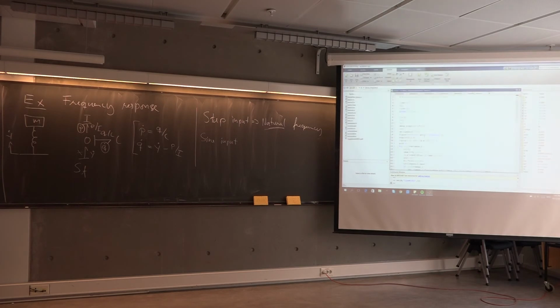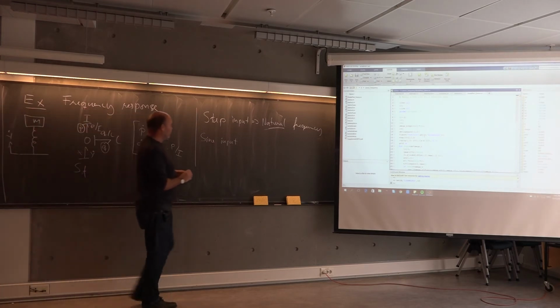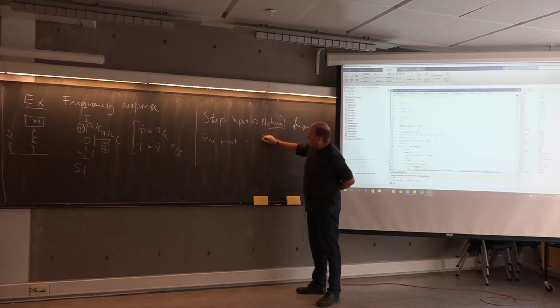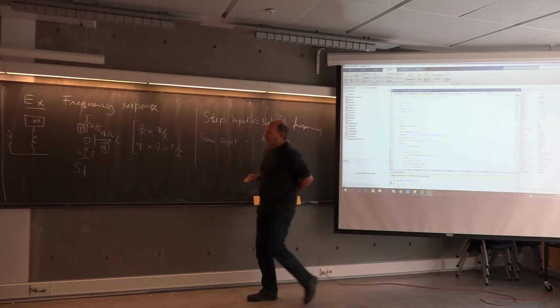How to see this input. It will sort of be the question then of, say, the amplitude for your system.